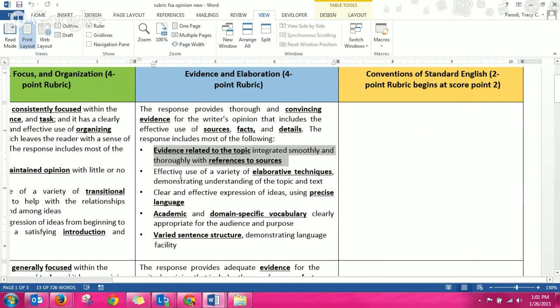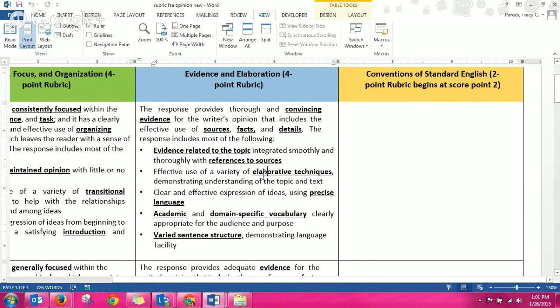Next, it says effective use of a variety of elaborative techniques demonstrating an understanding of the topic and the text. Elaborative techniques. So it's a variety, being able to list a fact from a source and then elaborate on it by giving examples from real life, examples from your own life, or maybe even to elaborate means to explain it a little better.